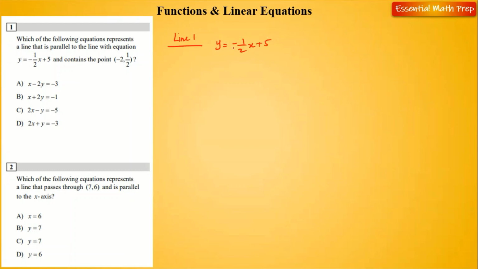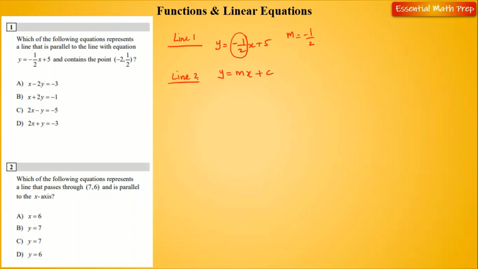So the slope is negative 1/2, right? So m equals negative 1/2. When you go to write the second equation, y equals mx plus c, before you do that, let's do something first.